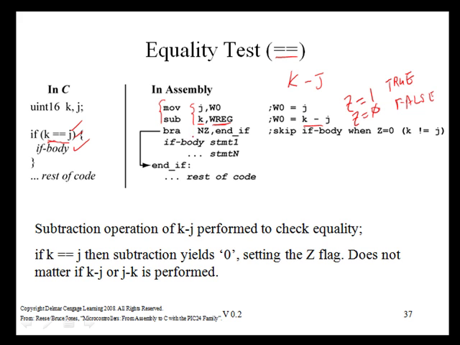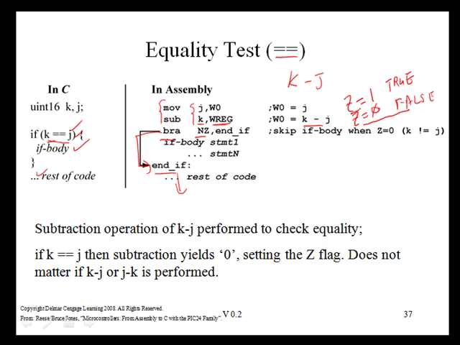So what branch do we want to use here? We want to use the branch for when the condition is false. So we want to do a branch on not 0, so that if K is not equal to J, we'll skip around the if body. This does not have an else clause, so we'll just branch around to a label that we're going to call NF, and we would execute the rest of the code.